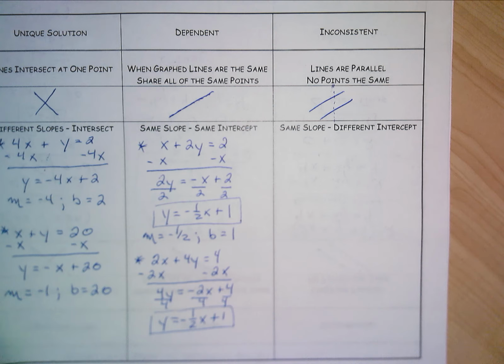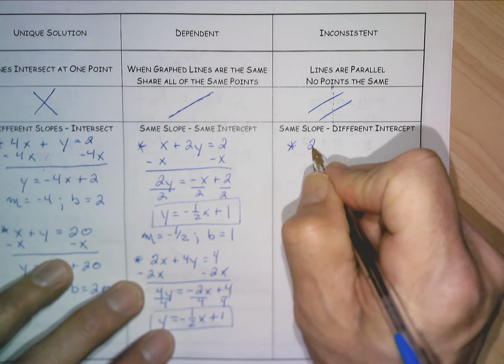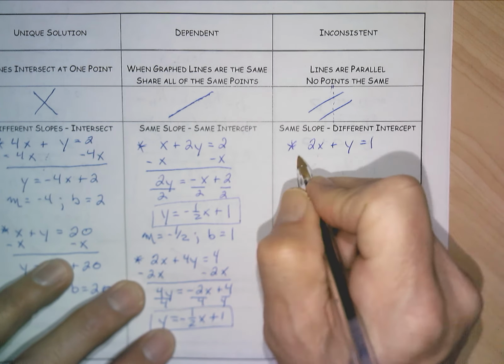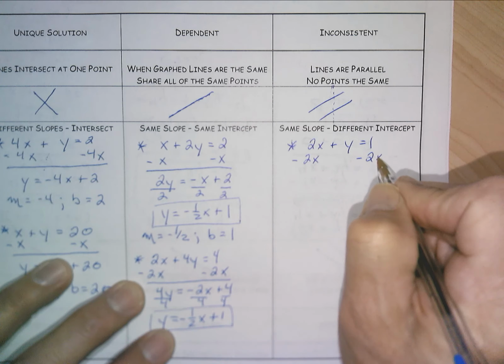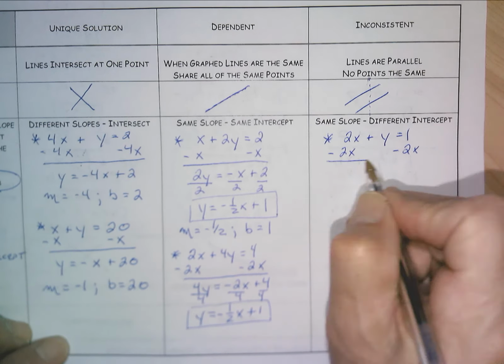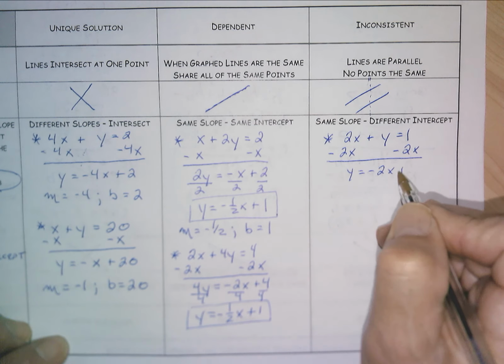So if I'm given my first equation, and it looks like 2x plus y equals 1, I'm going to put it in slope-intercept form, which is over here. This is what we're doing. I'm going to put it in slope-intercept form and get y equals negative 2x plus 1.